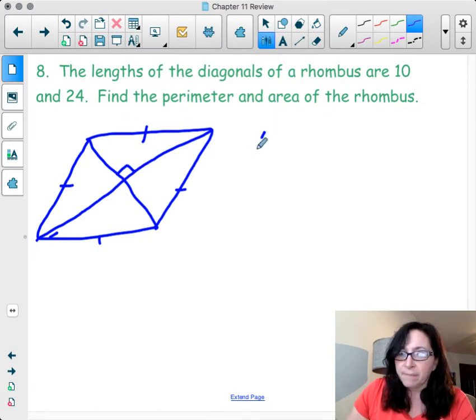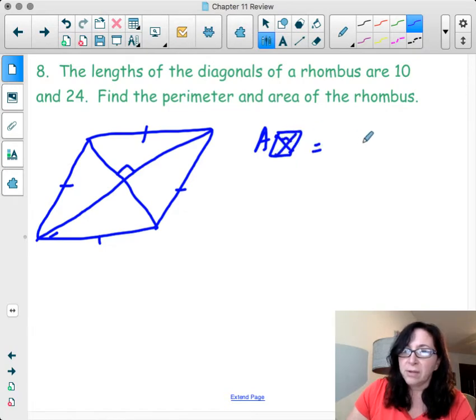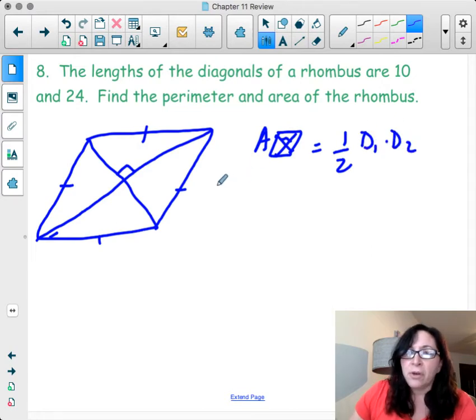Area of a rhombus, which I draw like this with the perpendicular diagonals there, is 1/2 diagonal 1 times diagonal 2. So the diagonals are 10 and 24. We already know those.